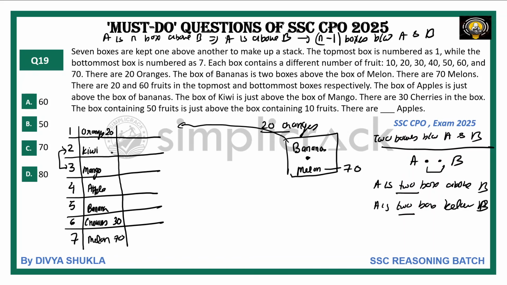I have made a mistake here. The thing is wrong. That means 60 is at the bottommost. So that is why this whole case is incorrect. Just give me a second to correct this. Okay, 60 is at the bottommost.